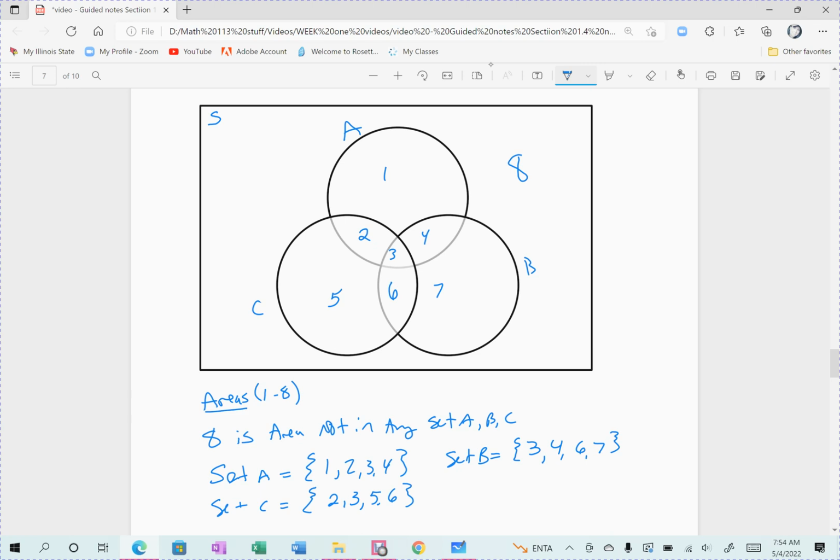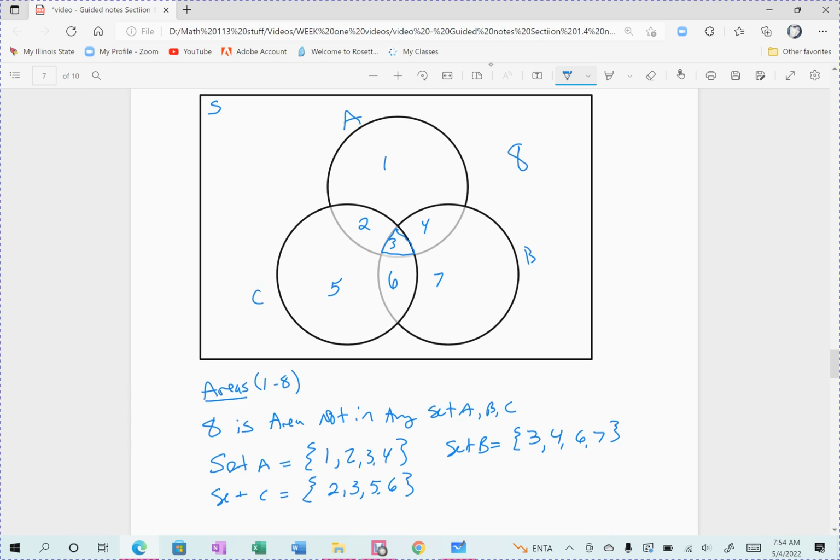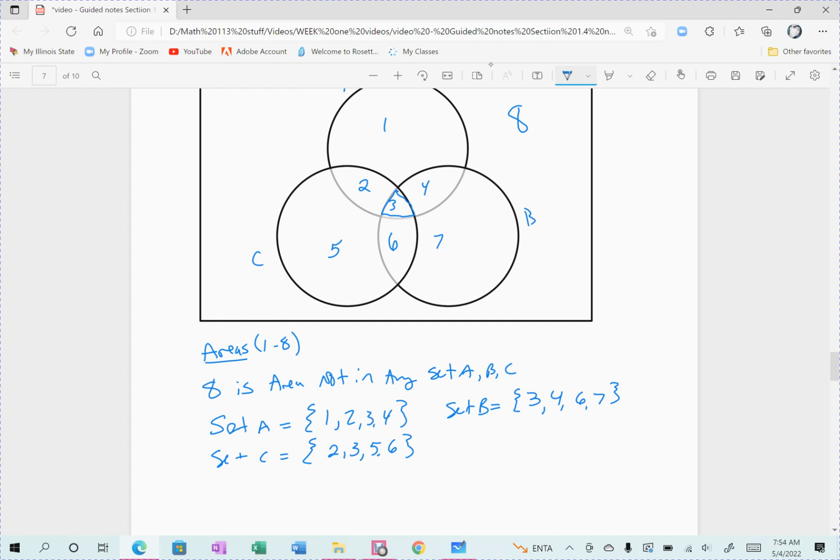When we go to read these and set these up, that's where you want to start, is in the overlap. You'll notice region 3 right here in this middle wedge is in all 3 sets, right? 3 represents all 3 sets. So in A and B and C, there's just that one spot, 3 in the middle.